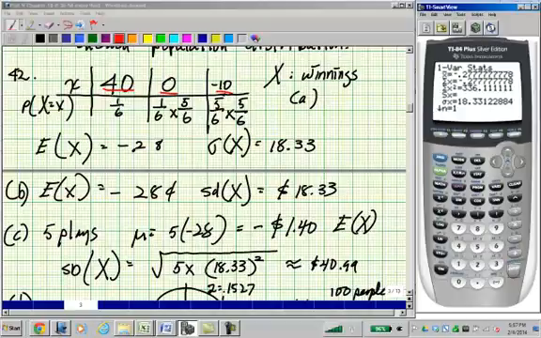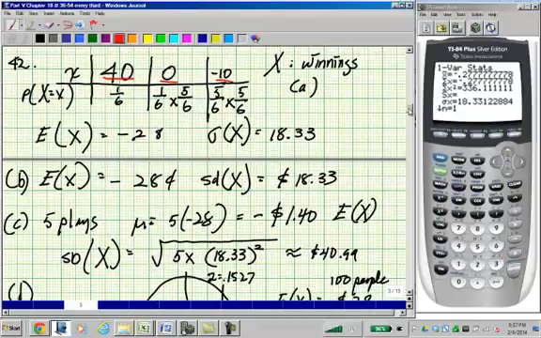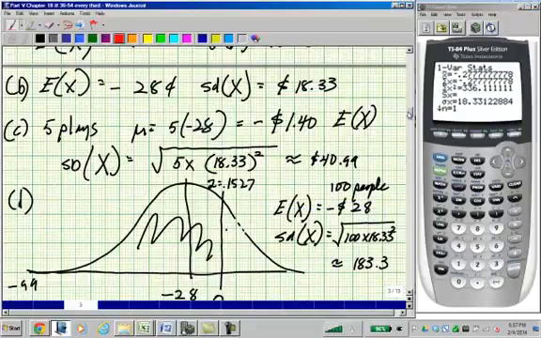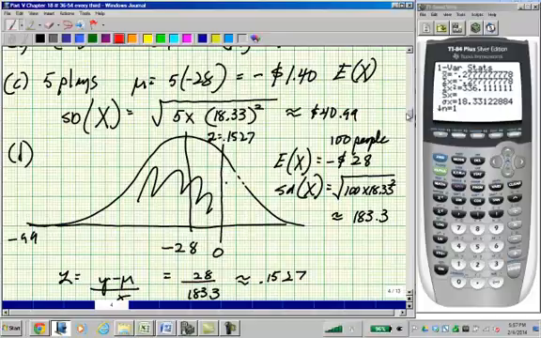Okay, so here's the probability model right here. And then here's the breakdown of the discrete random variable, and then here's the probability model. Here's the mean and the standard deviation. Now, if you play 5 times, the mean is 5 times -28 cents, which is -$1.40.